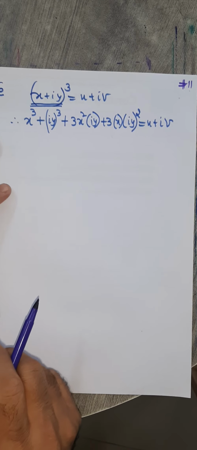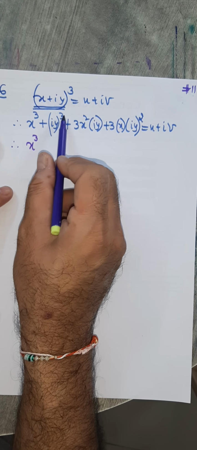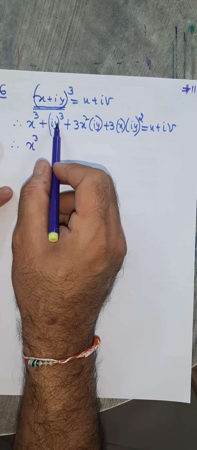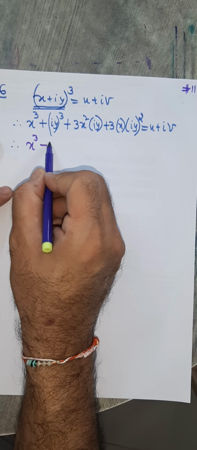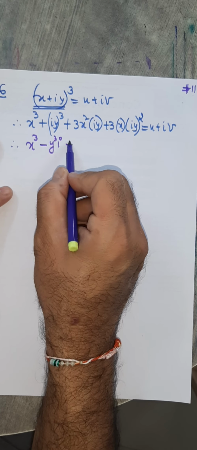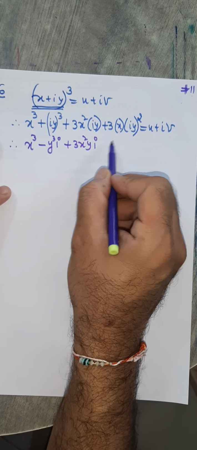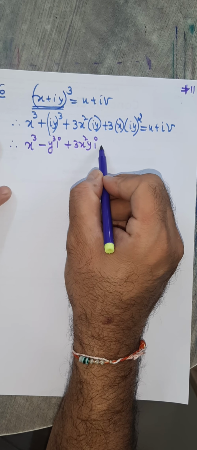Now let me simplify. The x³ is as it is here. i³ is i² into i. i² is minus 1. So this is minus y³ into i. This is 3x²y into i. Here somewhere you have i², which is minus 1.